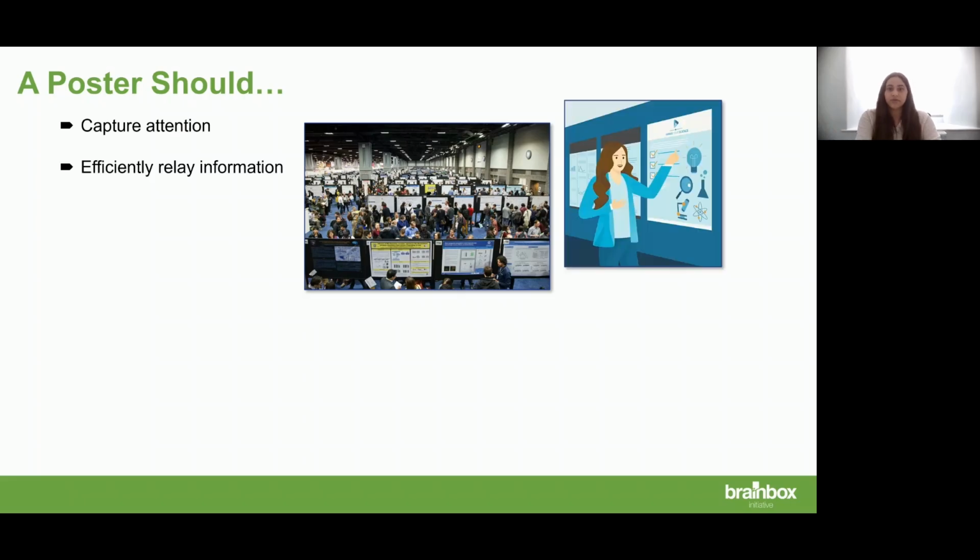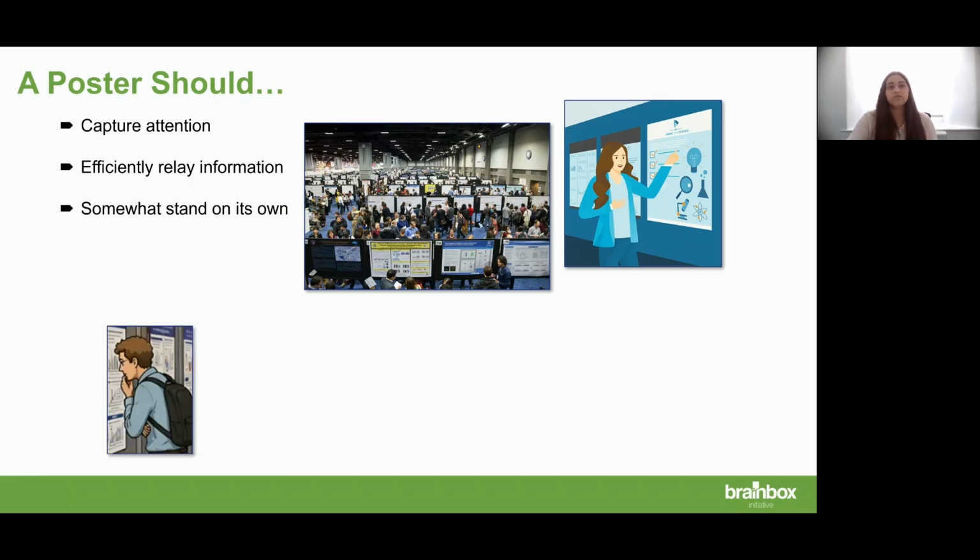You also want to efficiently relay important information, keeping in mind the space that you have on your poster and the time you have to present. So you want to be very efficient with how you relay your information. Posters should somewhat be able to stand on their own for the people who are looking at your poster when you aren't present.